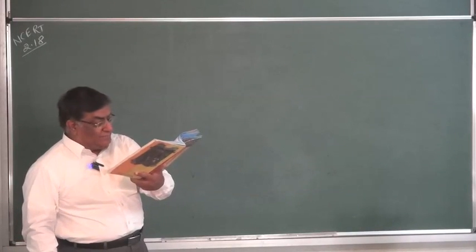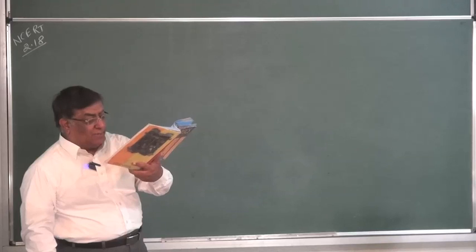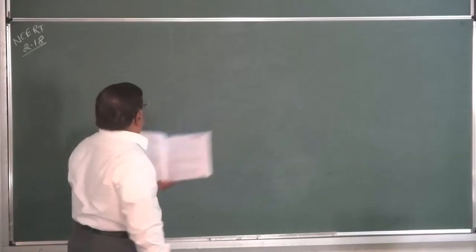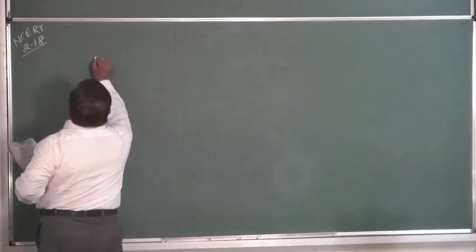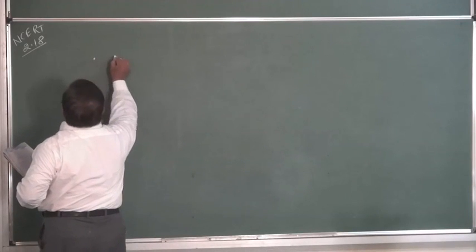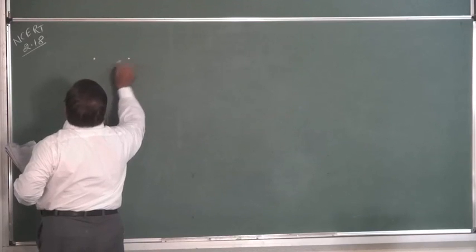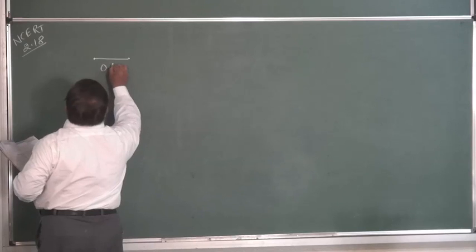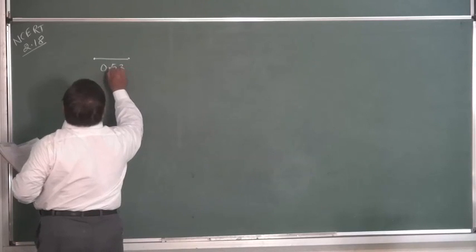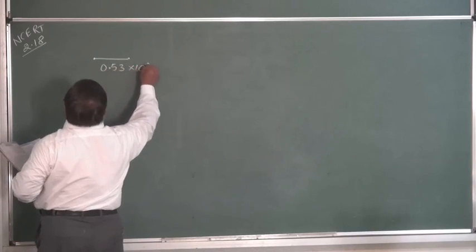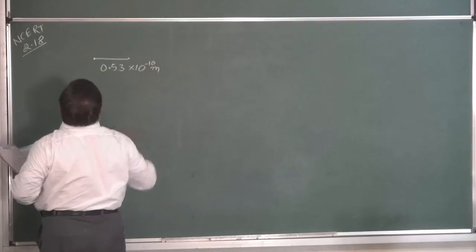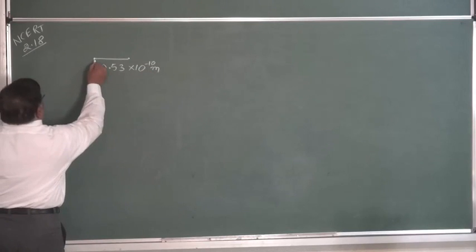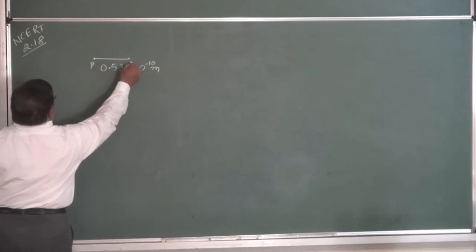In a hydrogen atom, the electron and proton are bound at a distance of about 0.53 angstrom. 0.53 angstrom, 10 to the power minus 10 meter, and here is the proton and here is the electron.